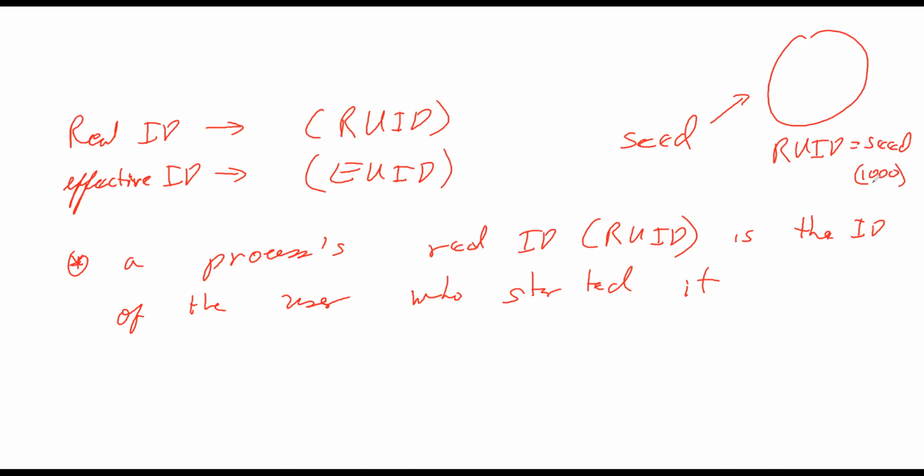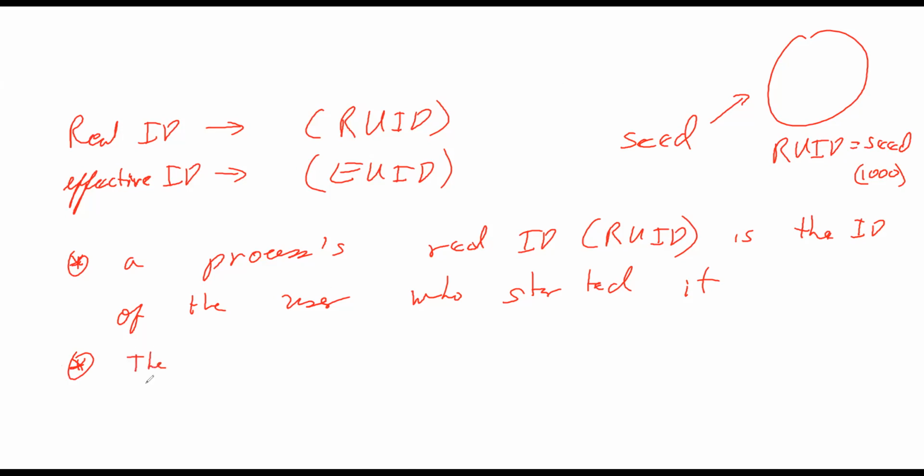And that's important for access control, because access control will say, okay, it's just a regular user that started this program, right? However, there is another element. There is the effective user ID. So what is the effective user ID?